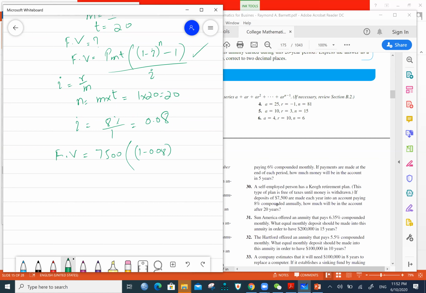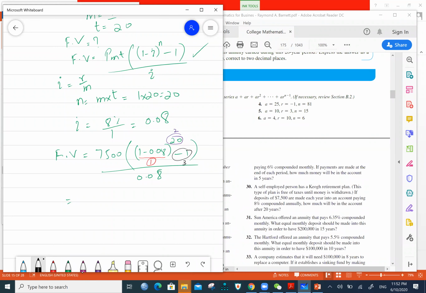1.08 raised to power 20, minus 1, divided by 0.08. When you solve this, follow the correct order. First, you add 1 and 0.08 and get some number. Then you take its power 20. That is your second step. Then you subtract 1 from it. That is your third step.